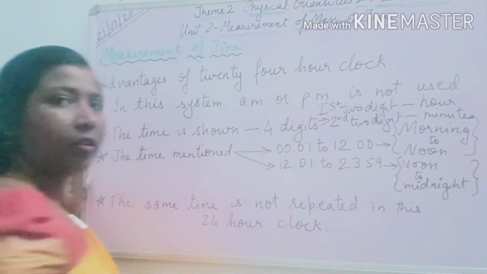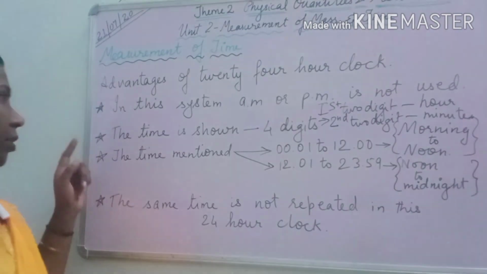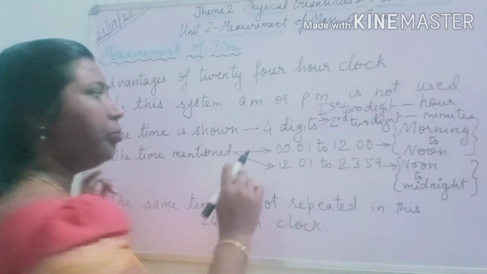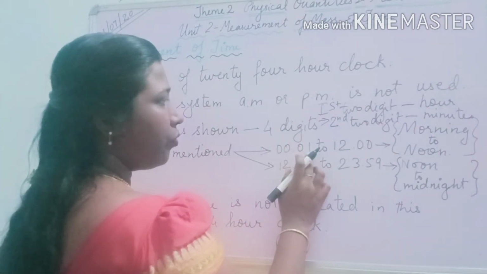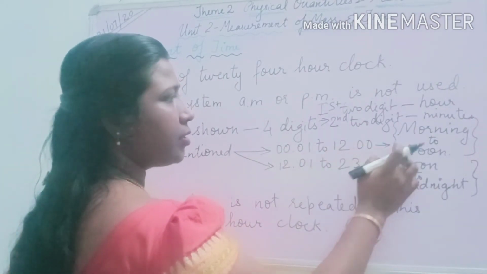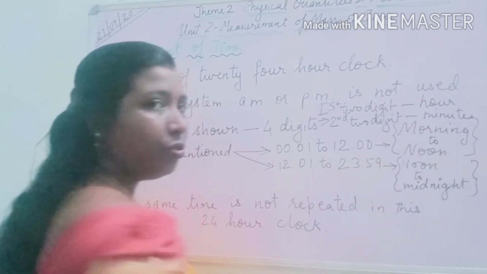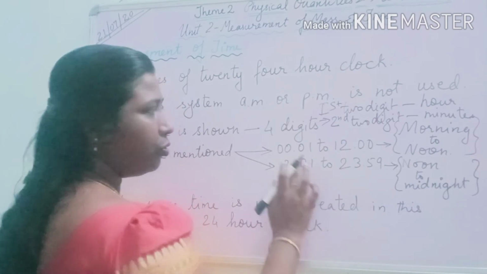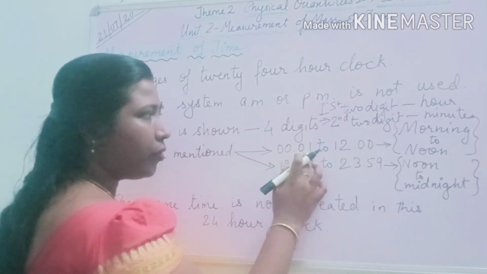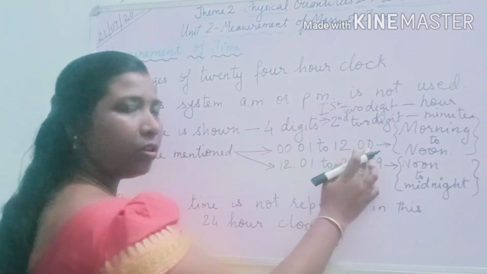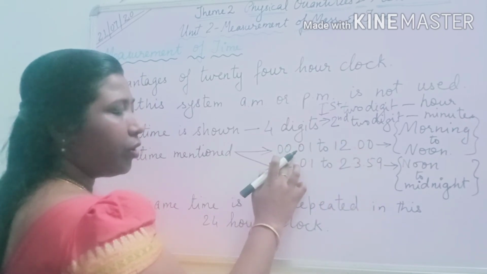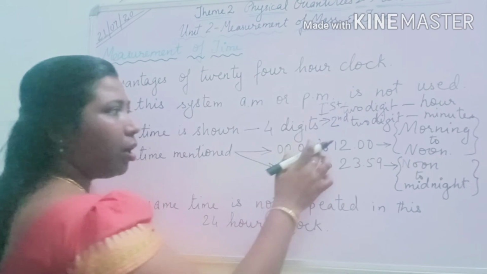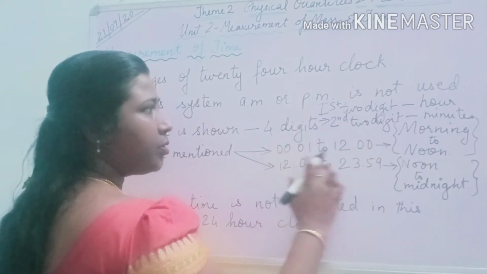Is that clear? Then the third point: the time from 00:01 to 12:00 is morning to noon. It is represented as morning to noon because 00:01 to 12:00 covers up to 12 o'clock. In the morning, any time like 3 o'clock, 4 o'clock, comes under morning to noon.